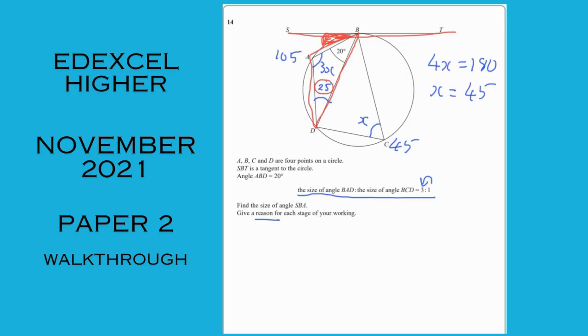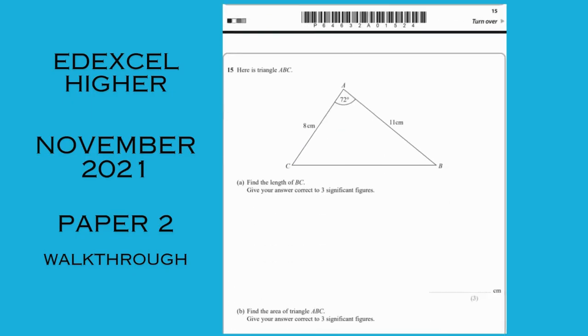So it's a difficult one to spot, it really is. But due to the alternate segment theorem, got that wrong, sorry. Due to the alternate segment theorem, SBA is 25. As I say, I've talked through it there. I have written it out, I hope perfectly, on my worked answers on my website.